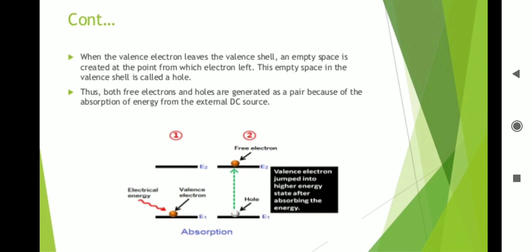At the E1 energy level, you can see a hole left after the electron moves to a higher energy level by absorbing energy, and at the E2 energy level, the electron jumps to the higher level on overcoming the energy difference.